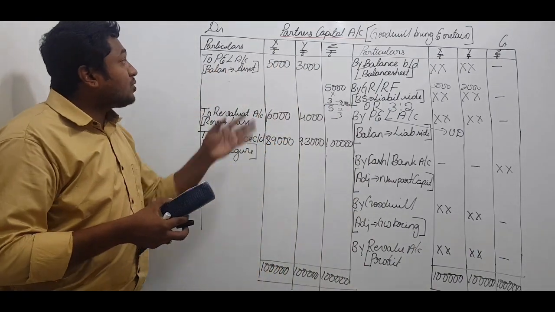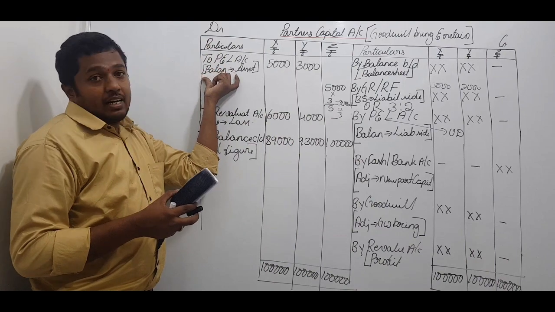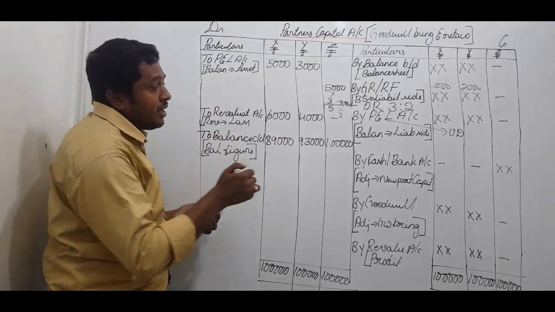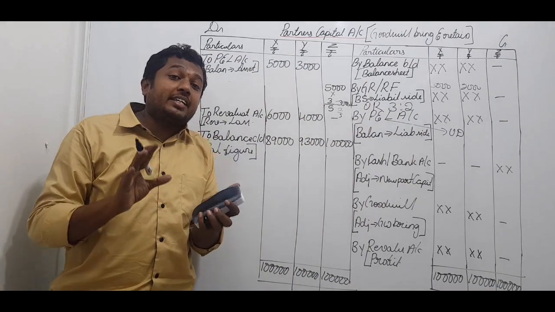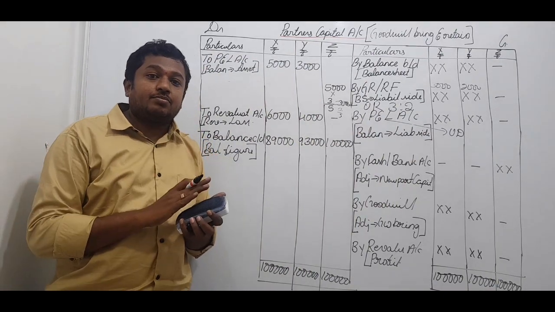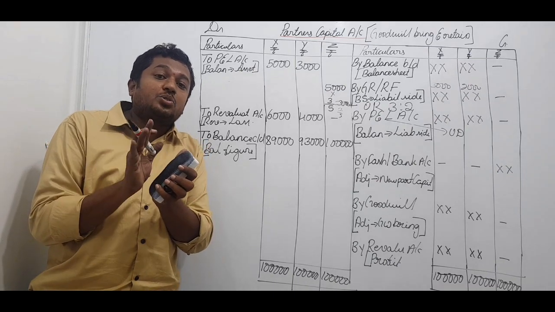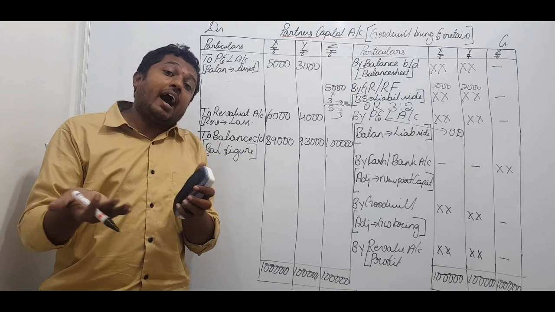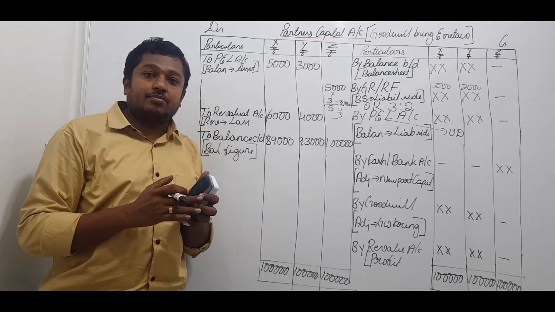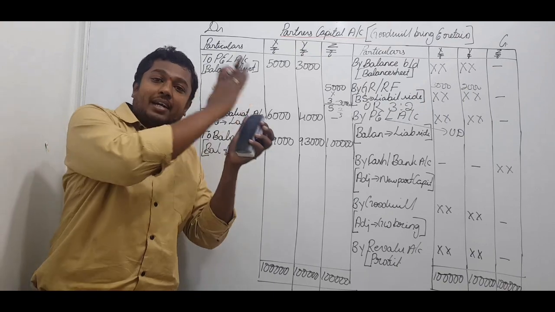Then, move on to the debit side items. First one, P&L account. P&L account does not appear on both sides simultaneously. In a single problem, P&L account should not appear on both the debit side and the credit side. It should appear only on one side, which depends on the balance sheet.